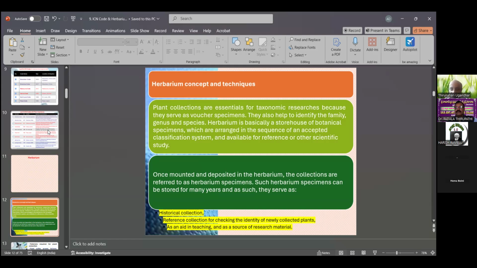level, and also at the national and international level. They also help to identify the family, genus, and species. A herbarium is basically a storehouse of botanical specimens, which we observe as an identity base.